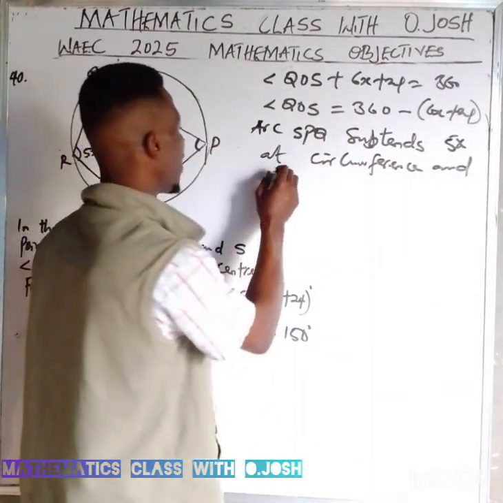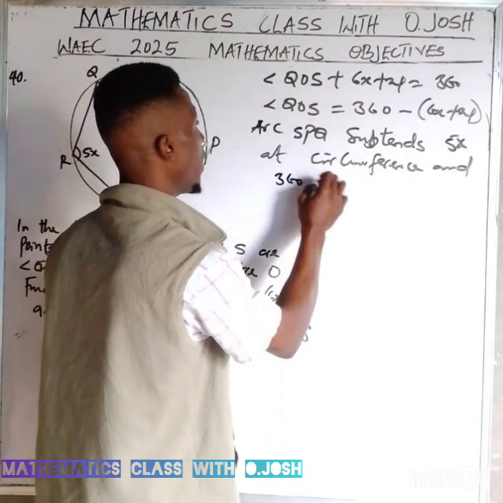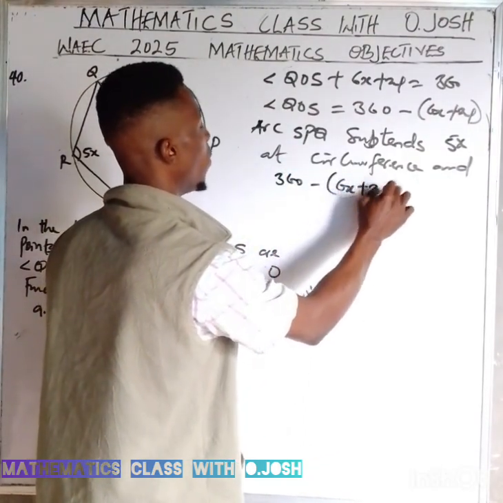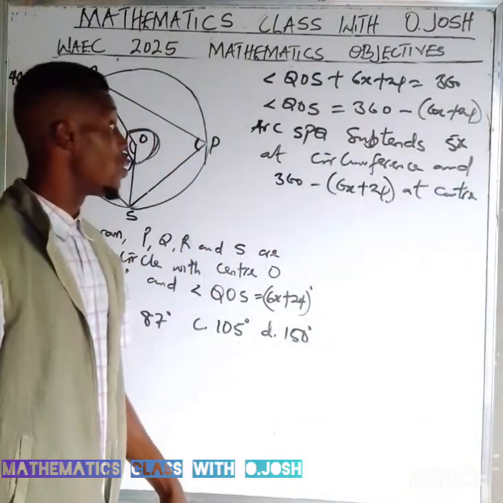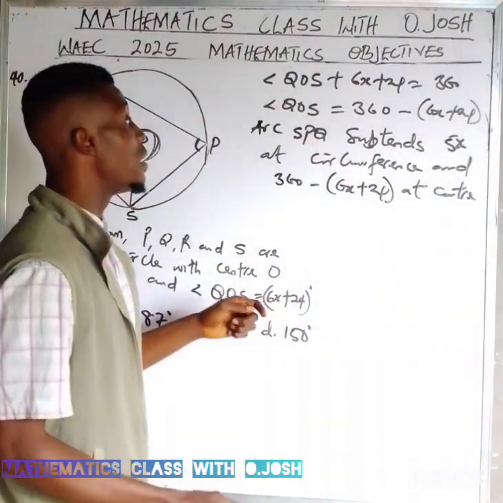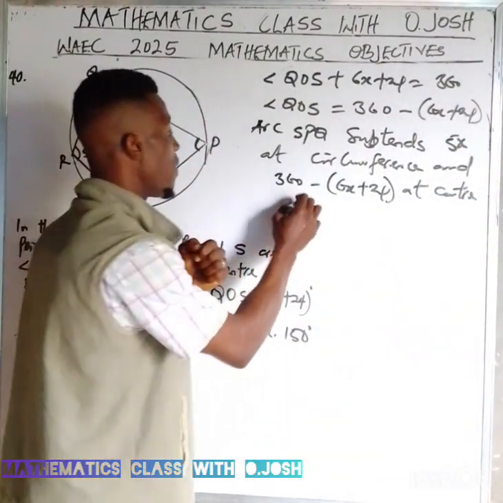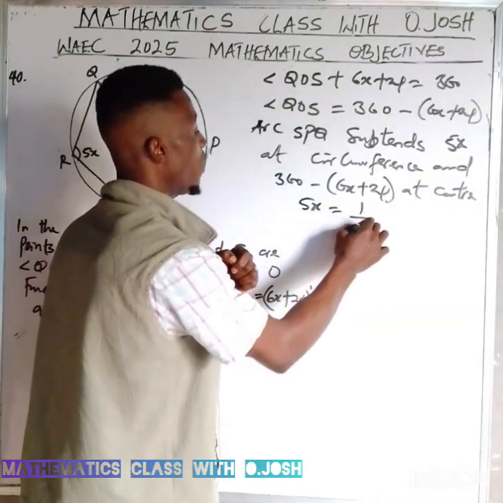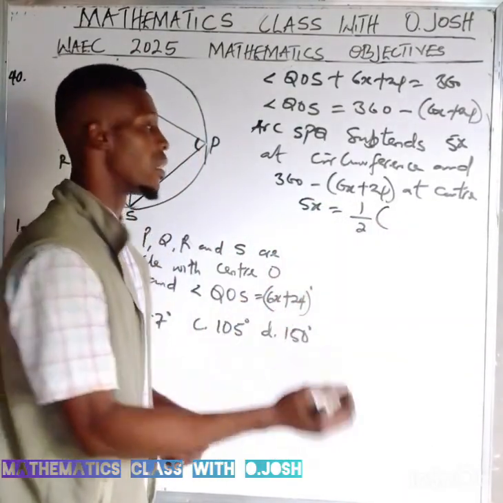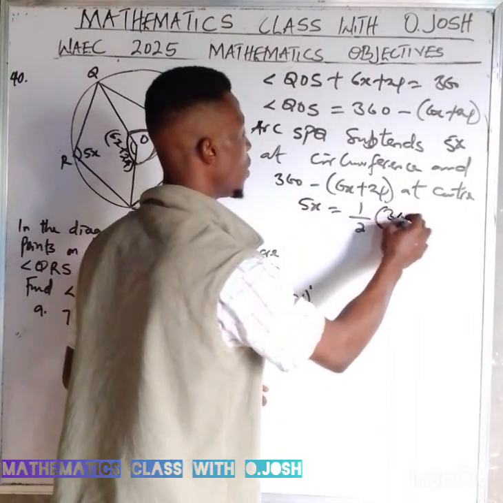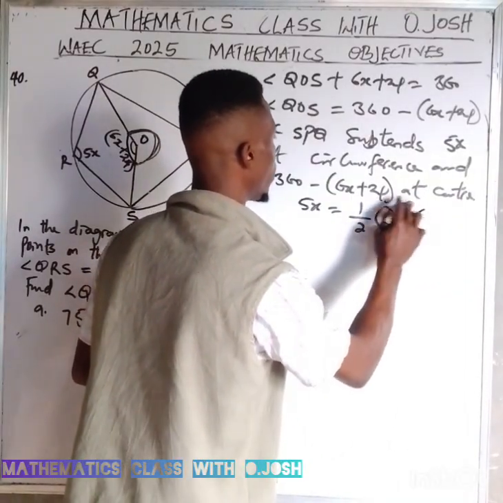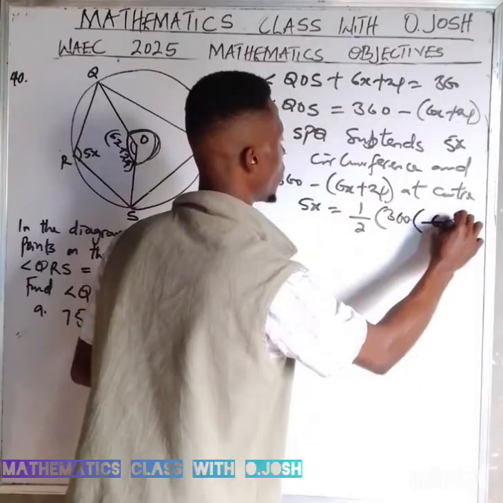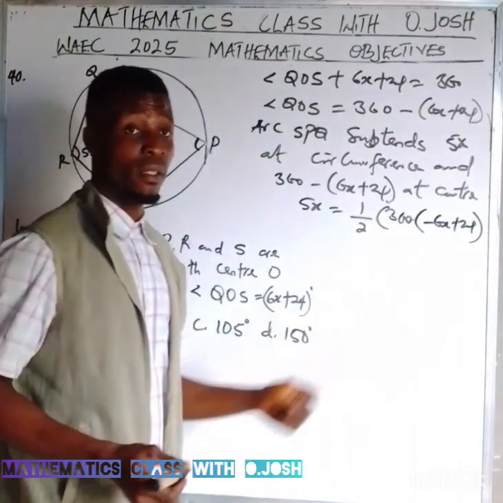Hence the angle at the circumference, which is 5x, is equal to half of the angle at the center. That will be 360 minus (6x plus 24). And we simplify this.